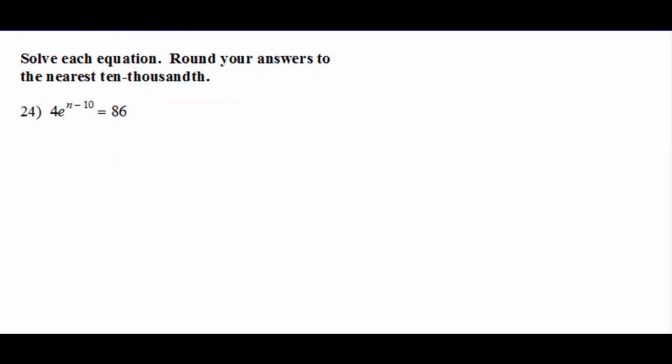Two more problems. We have an exponential equation to solve, and so to do this, we divide by the 4 to move it, because we want the e to be by itself. This is e to the n minus 10 equals 86 over 4, which is 21.5, or you could put 43 over 2.